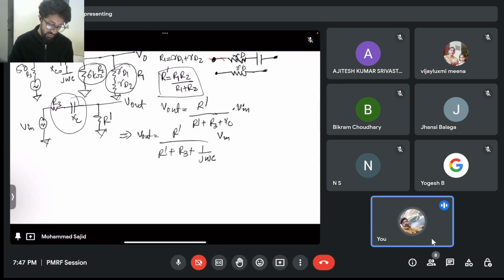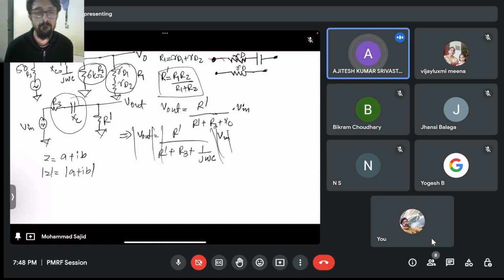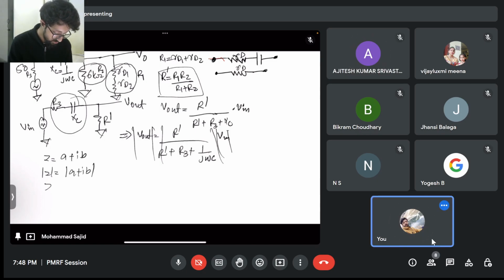Now since we have to find the minimum input signal frequency, we will take the magnitude. Remember that if you have Z equal to A plus iota B, when you take the magnitude, can you tell me what Z will be?